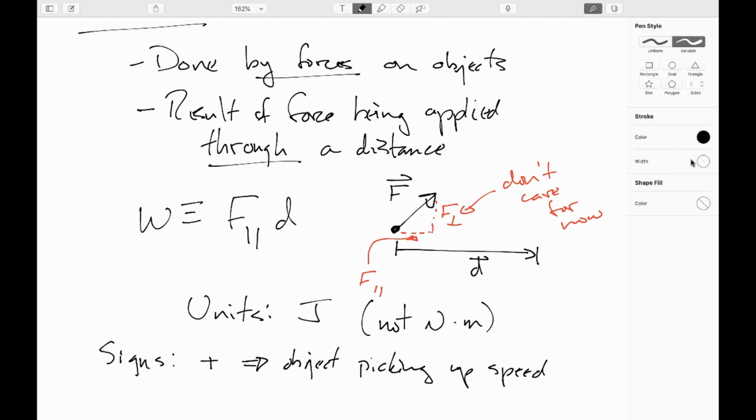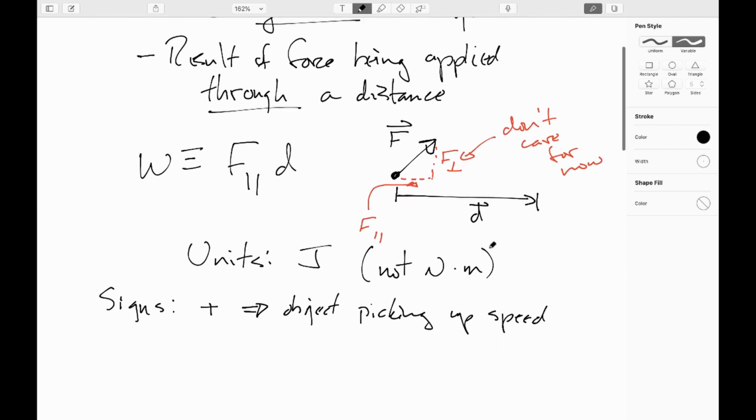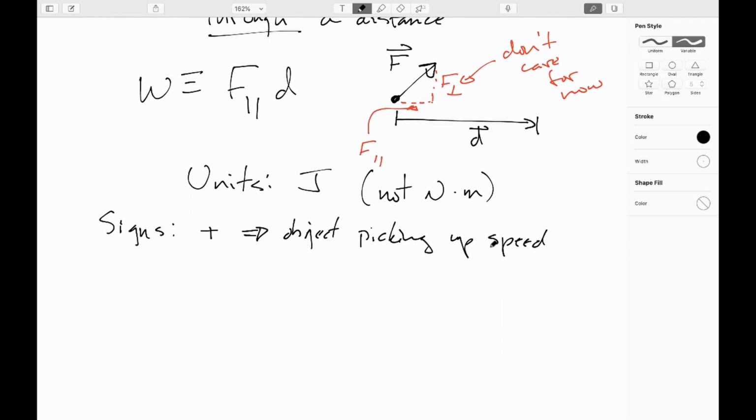And on the other hand, if our force is pointing in an opposite-ish direction relative to the displacement, that would mean that the object is slowing down.